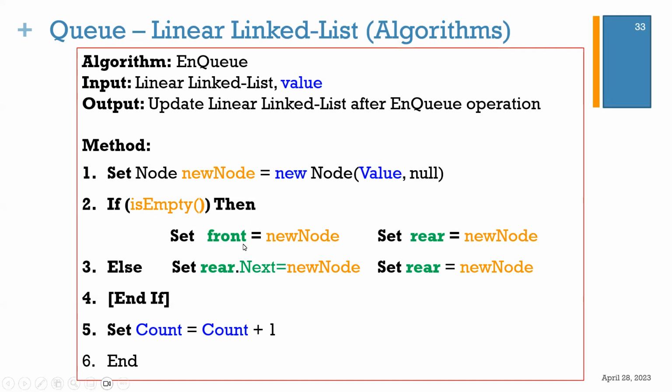So we set front equal to the new node and rear equal to the new node at the same time. This is the first node added. Otherwise, set rear.next, the last node, to point to the new node, and then rear equals the new node, and count plus 1. This is add tail in the queue. So rear is equivalent to tail, and NQ is equivalent to add tail for a linear linked list.